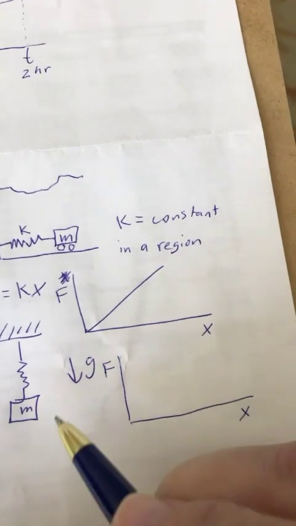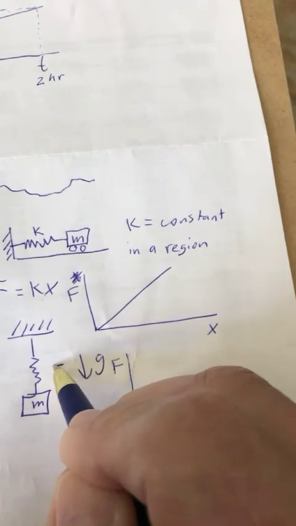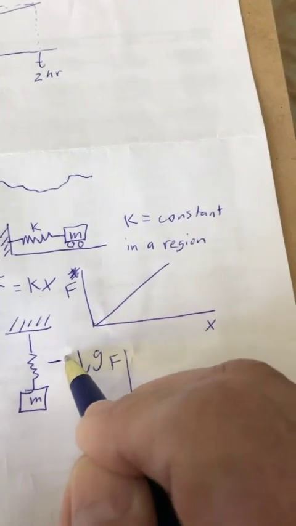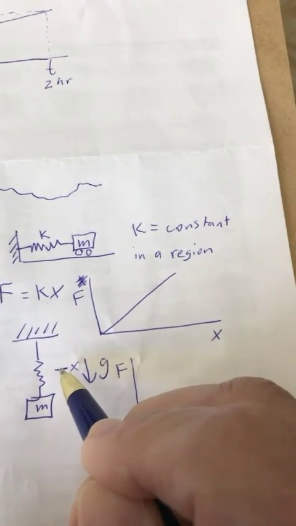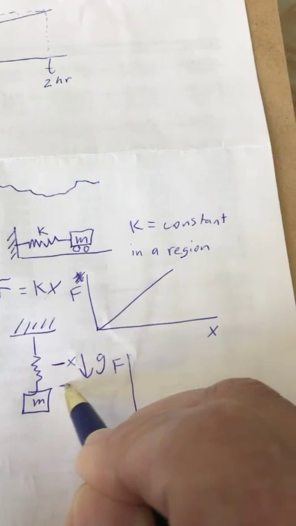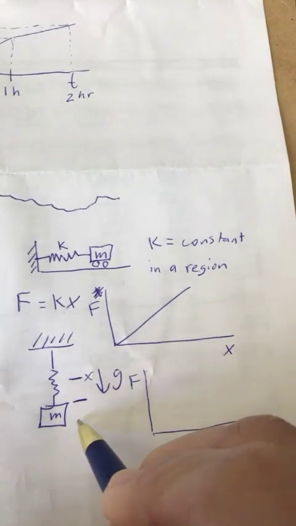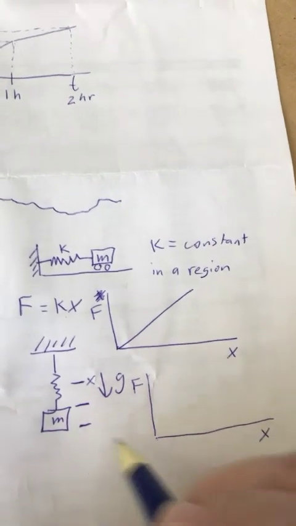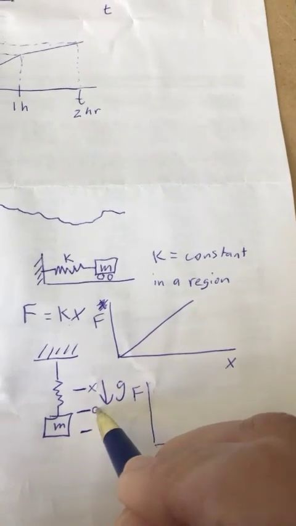If we go back to 0, X starts here, then I hang the weight on and it goes down to here, and then let's say I pull it some more, it goes down to here. Let's call this A.